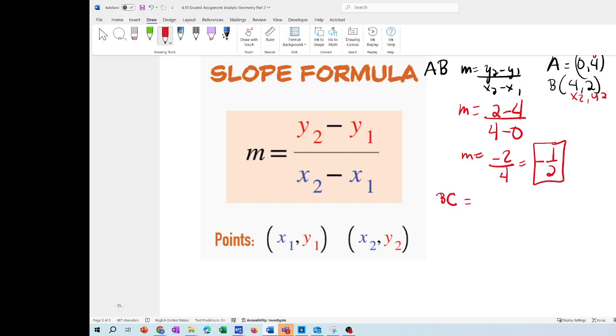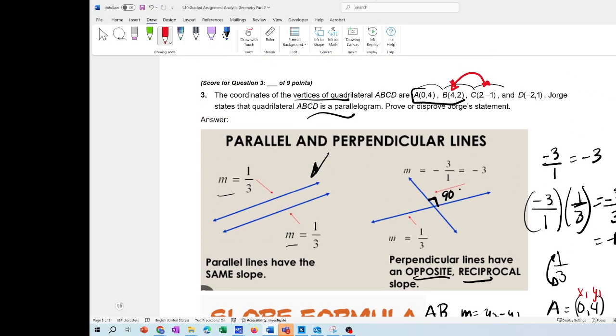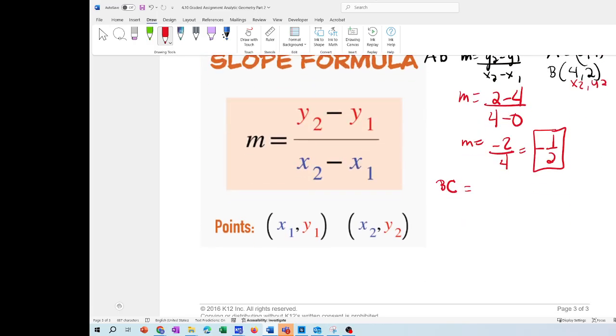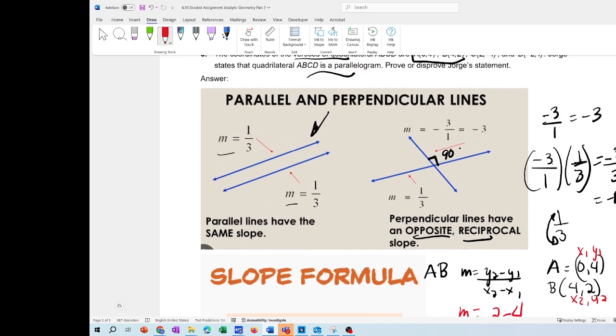Then you're going to do CD. So follow the order, CD. And then the last one is going to be the first one and the fourth one. Remember, you're forming sides.